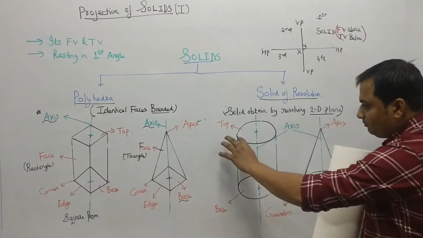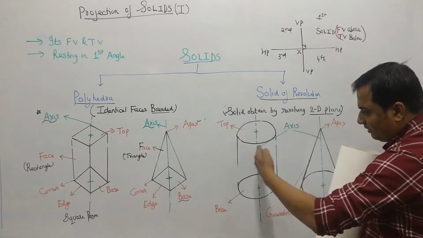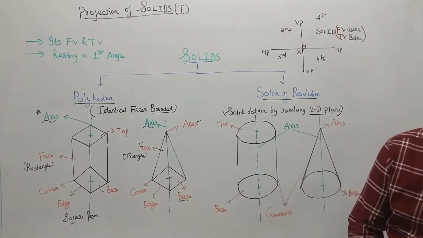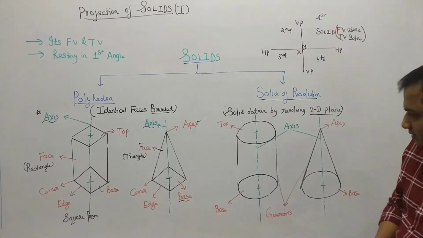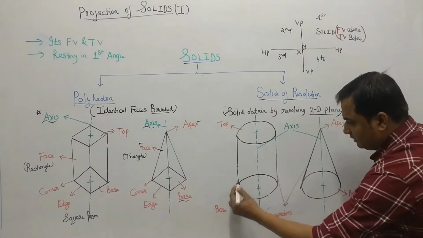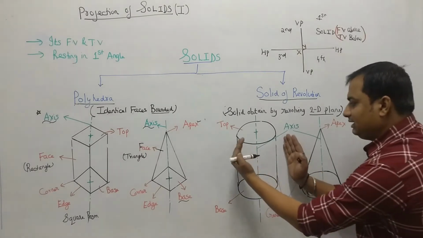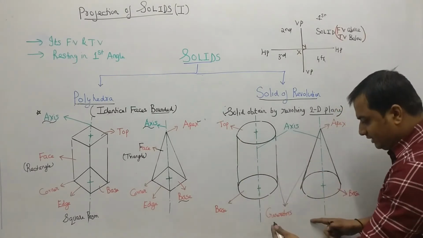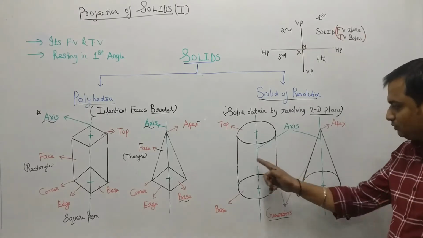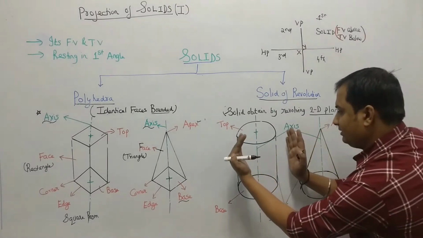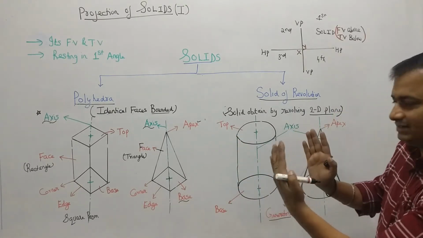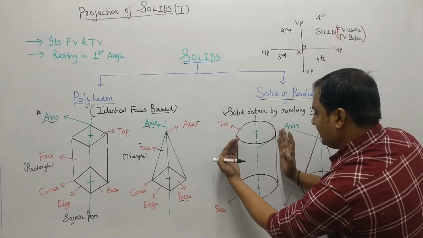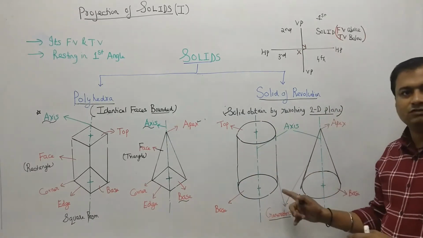Now, what is this line called? These two lines which you see from the front, which act as tangents to the circle, are called the generators of the cylinder.